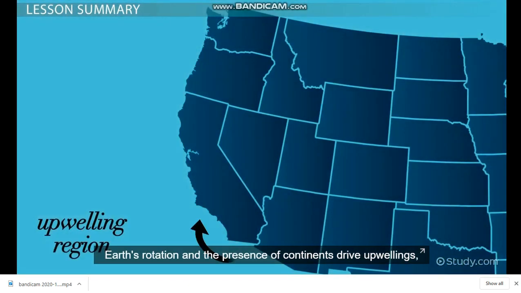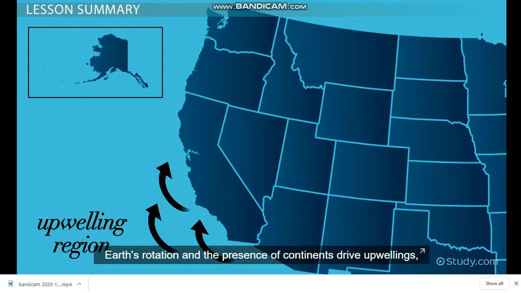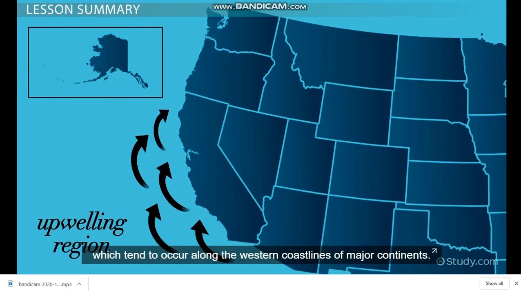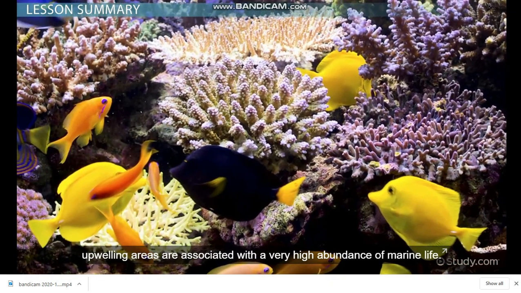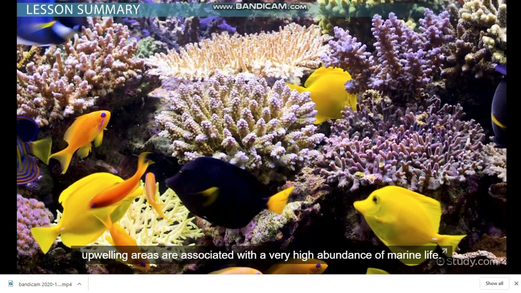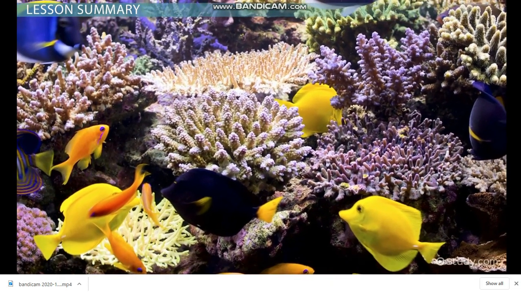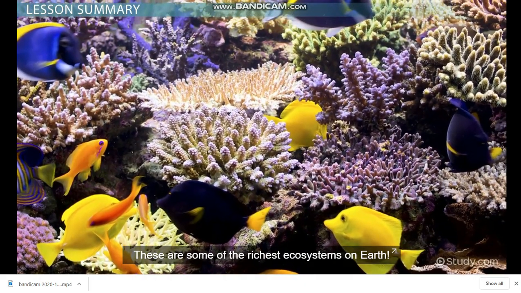Earth's rotation and the presence of continents drive upwellings, which tend to occur along the western coastlines of major continents. Because of the high amount of dissolved oxygen and nutrients, upwelling areas are associated with a very high abundance of marine life. These are some of the richest ecosystems on Earth.